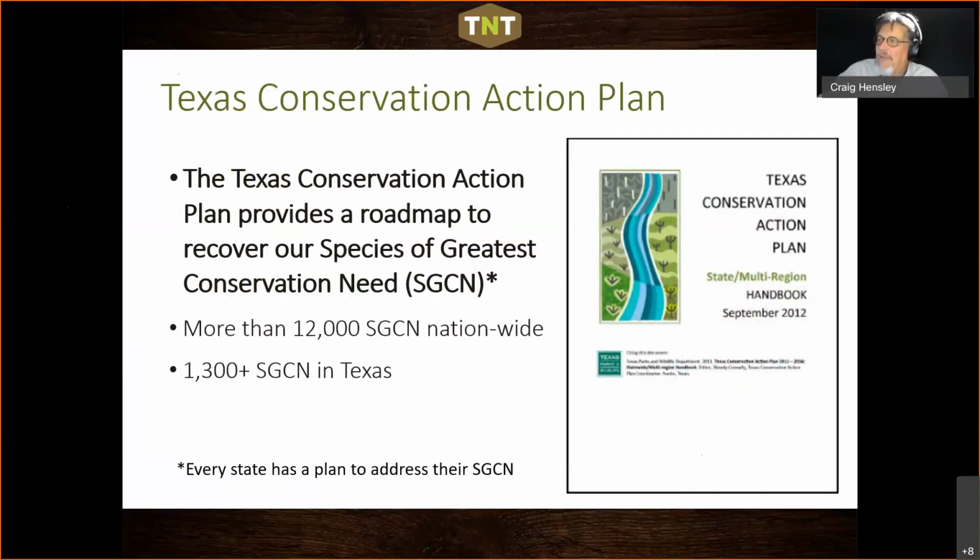And we do that by putting together this action plan. Right now, TPWD is undertaking a revision of this plan to update it. You can see that the last date was 2012. So that will be work that's going to be done for the next couple of years to update that plan moving forward. So this is a dynamic document so that we're not just treading water for long periods of time.